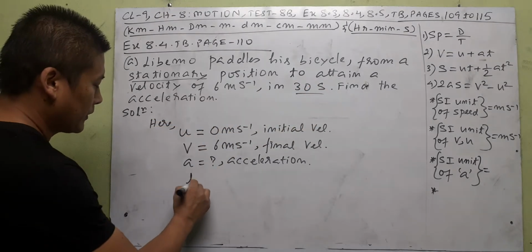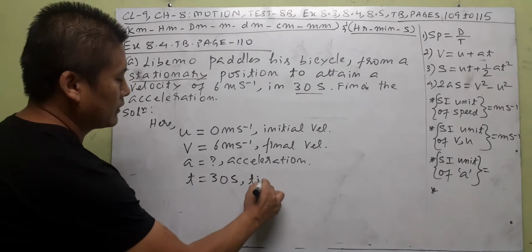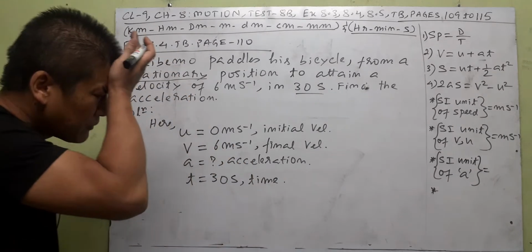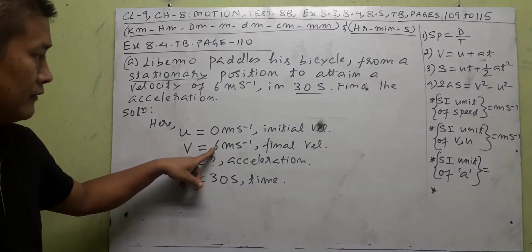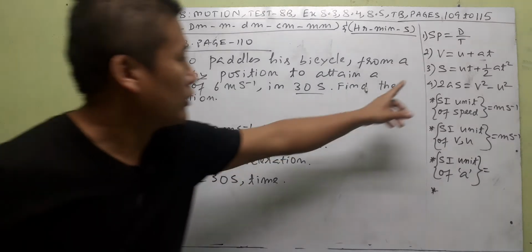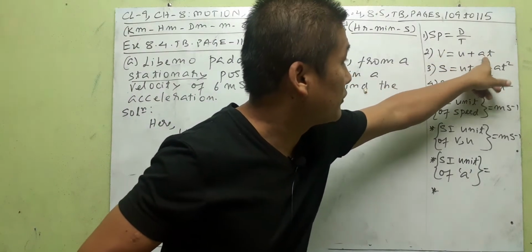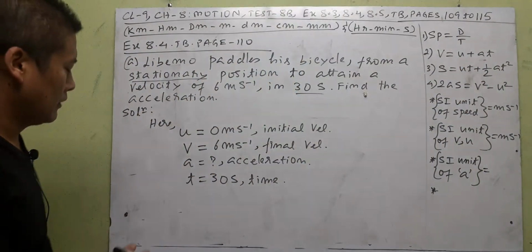So you write here T. 30 seconds is the time taken by him to move from stationary position to this final velocity, he took 30 seconds. So that is the time. So here we know V, U, and T. So easily we can use equation number 2 to find A, right? The one the question is asking.